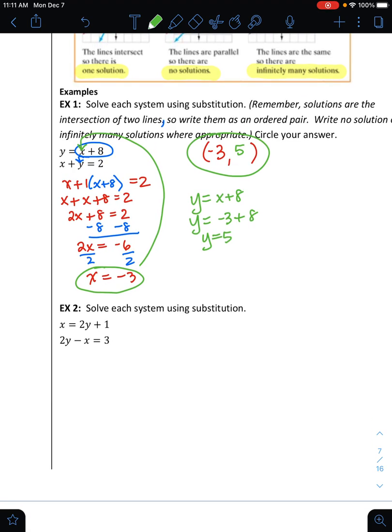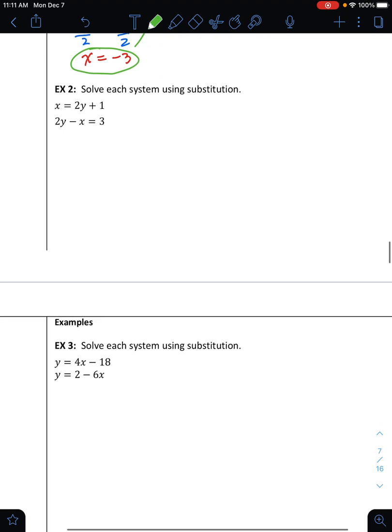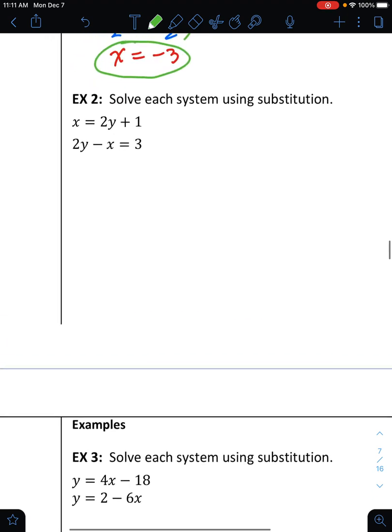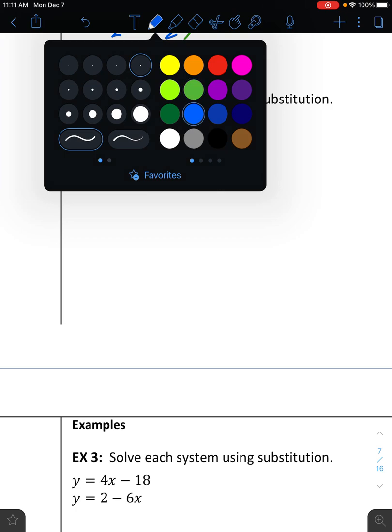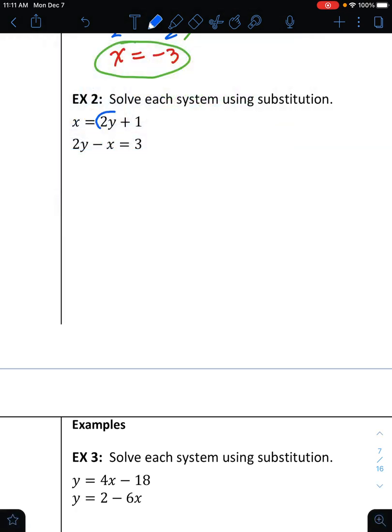Okay, let's look at number 2. Solve by substitution. So what I see here is x equals 2y plus 1. I already have x isolated. So I'm going to take 2y plus 1, and where I see x in the second equation, I'm going to plug it in place of x because that's truly what it's equal to.